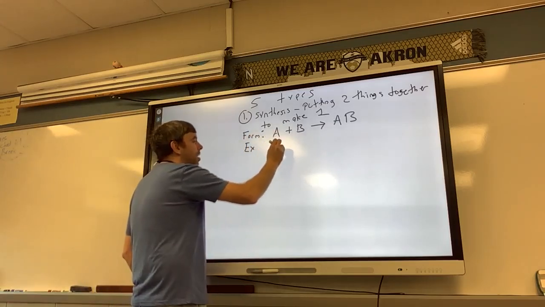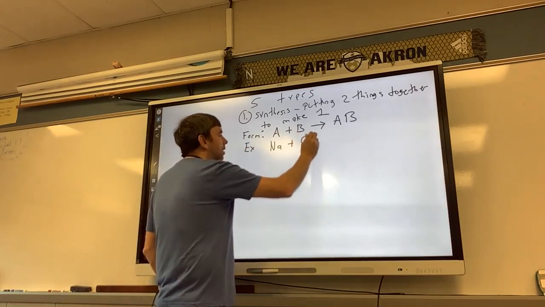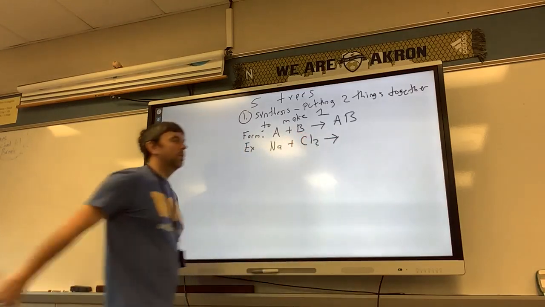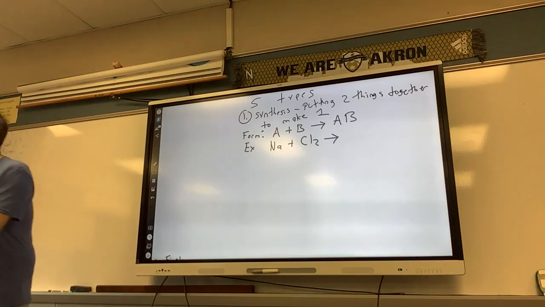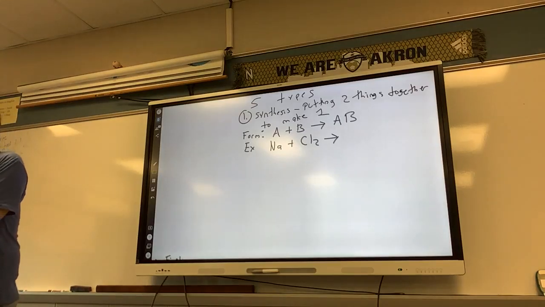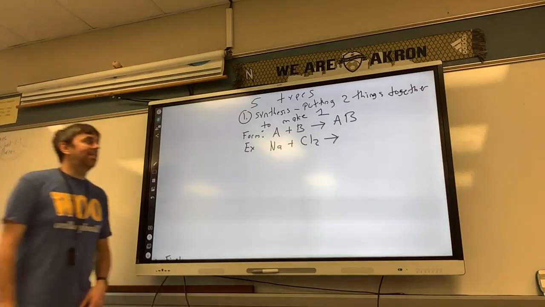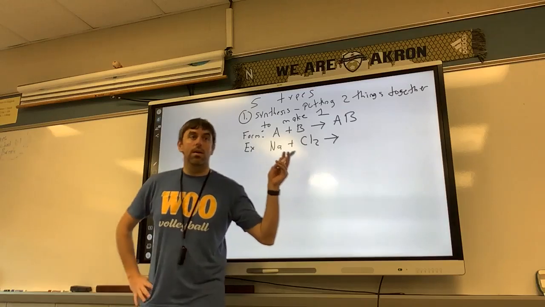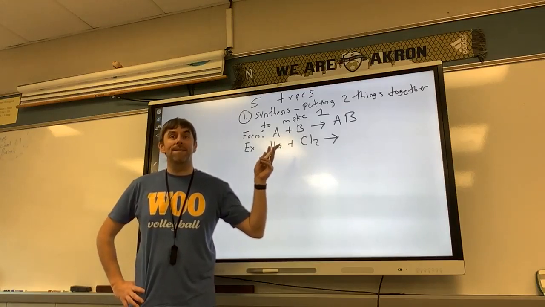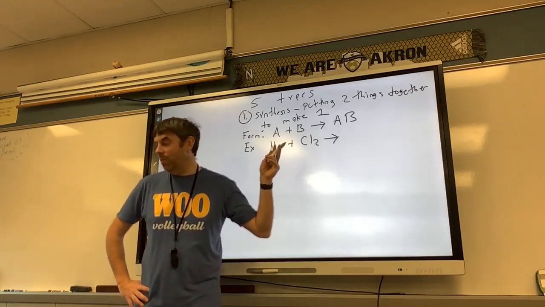Here's an example: sodium plus chlorine gas. So your brain wants to say, well, the product is NaCl2. No, it's not. Why is this Cl2? Cl2 is a non-metal. True.